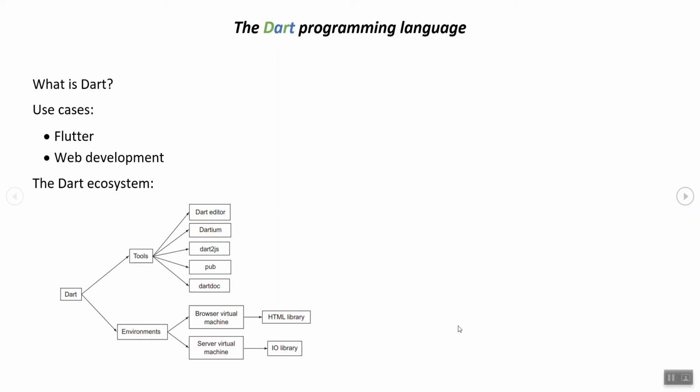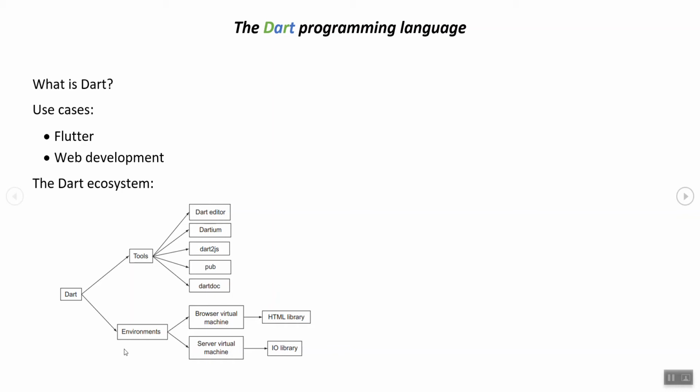Pub is the package manager for the Dart environment, which can be used, and we'll show how to use that. DartDoc. DartDoc is the tool that is used by developers to document their code, same as JavaDoc and other documentation tools that other programming languages have. Dart has a documentation tool called DartDoc too.